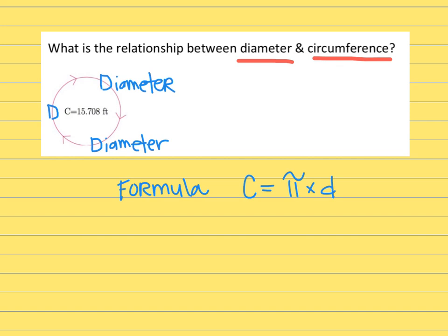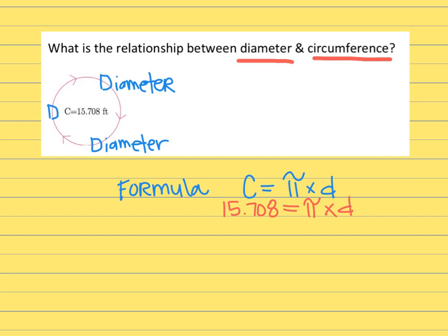And instead of saying C equals right here, I would go ahead and put the number that they're telling me it's supposed to be. So the circumference is 15.708 equals pi times diameter. Now the diameter is what I don't know.